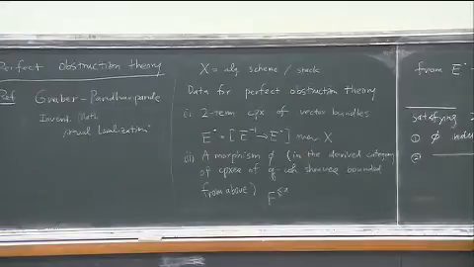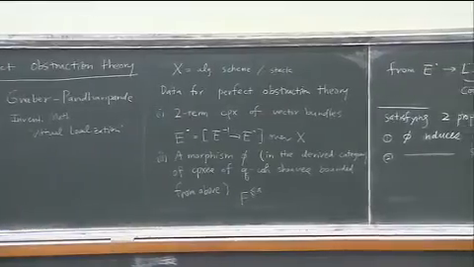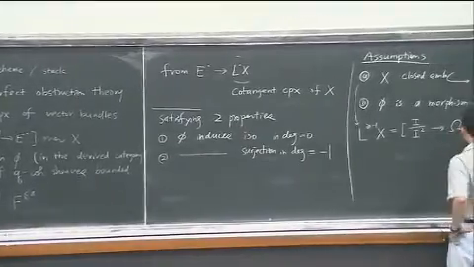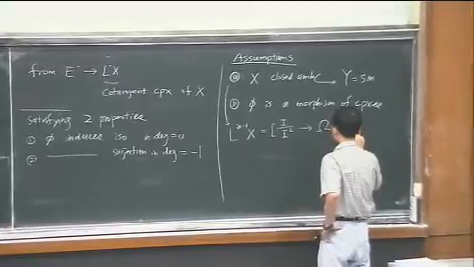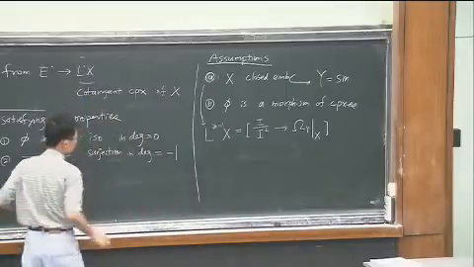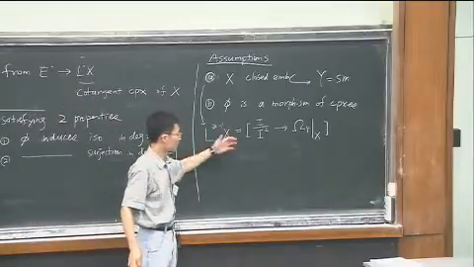In fact, by using the first assumption, we only need this two-term complex. This two-term truncation of the cotangent complex can be written as I over I squared to omega_Y restricted to X. So I'm going to replace the cotangent complex by its two-term truncation.